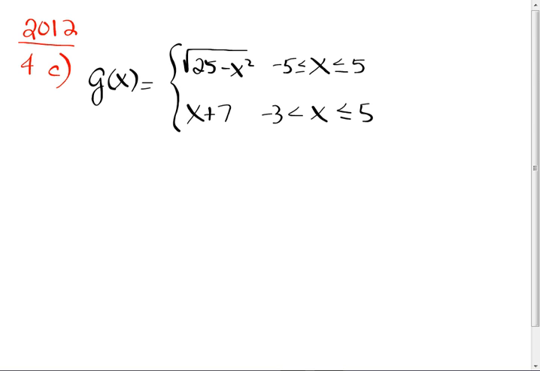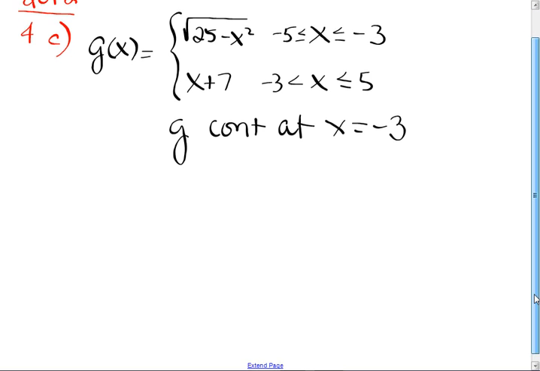I copied this wrong. That's negative 3. You could graph it, but it says use the definition of continuity. So is g continuous at x equals negative 3? How do you know if it's continuous?